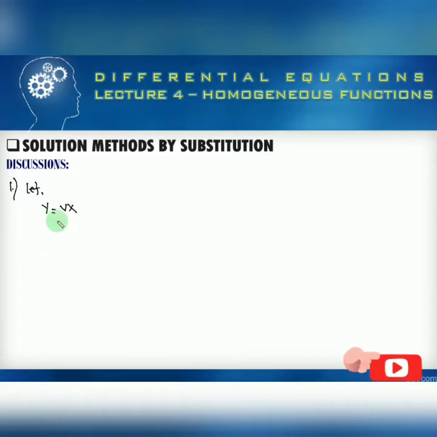After letting y equal to bx, you take the derivative of this given function y equals bx. So the derivative of y is equal to b times the derivative of x plus x times the derivative of b.